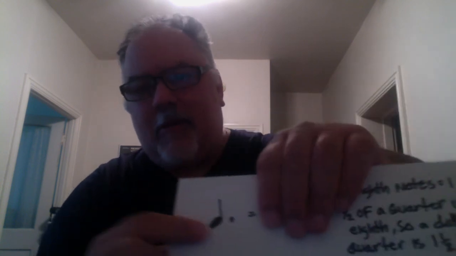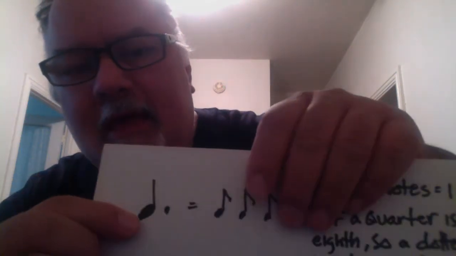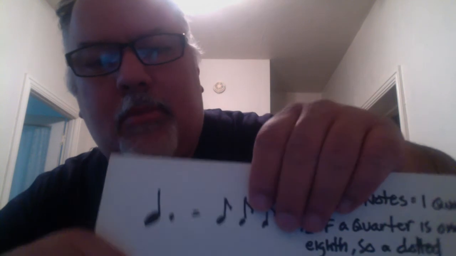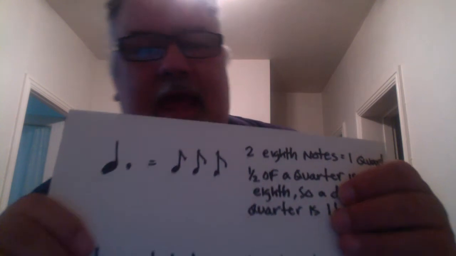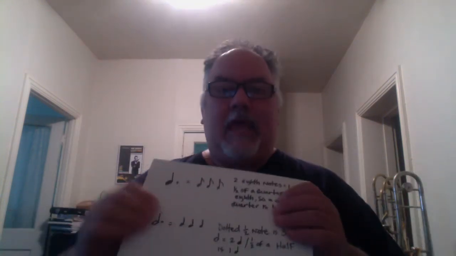You would have to know an eighth note when you saw it. So, for example, if I see that top note right there, it's a dotted quarter note. You can see it's the quarter note, plus it has the dot right next to it. Now you see I have three eighth notes next to it because half of a quarter note is an eighth note.